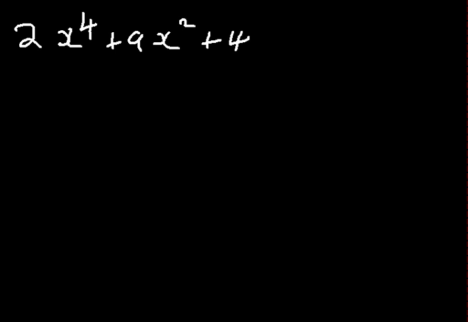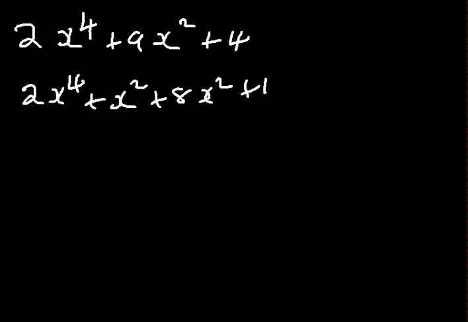What if we have 2x to the power 4 plus 9x to the power 2 plus 4? How should we factorize this expression? We also use the trial and error method. We multiply 2 by 4 and think of the factors of 8 that, when you add, will give us 9. So we have 2x to the power 4 plus x to the power 2 plus 8x to the power 2 plus 4.